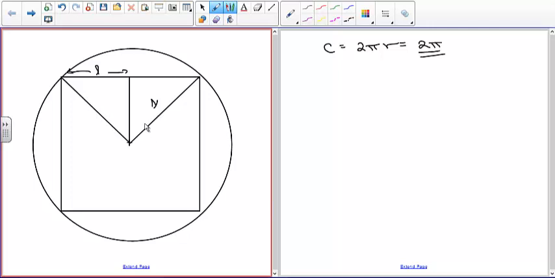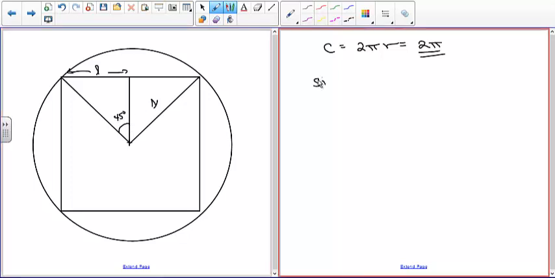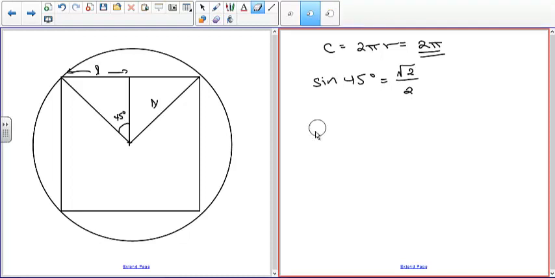Now, because this whole thing goes through 360 degrees, if I break this up into 8 triangles, because I'll have 2 here, 2 there, 2 there, this angle is 45 degrees. And we know that the sine of 45 degrees is equal to the square root of 2 over 2, and the cosine of 45 degrees is the same thing.